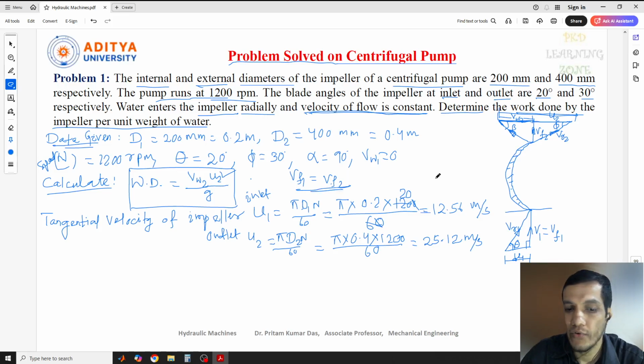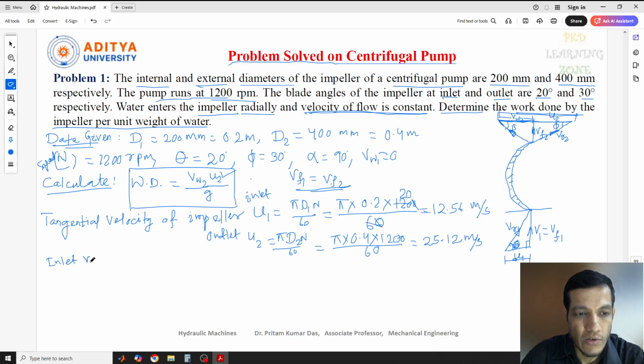If you are able to find out the value of VF1, that will be helpful for taking the value of VF2 at the outlet condition. So at the inlet condition, the theta value is given, U1 is also known, and only VF1 is unknown. So let's consider the inlet velocity triangle.